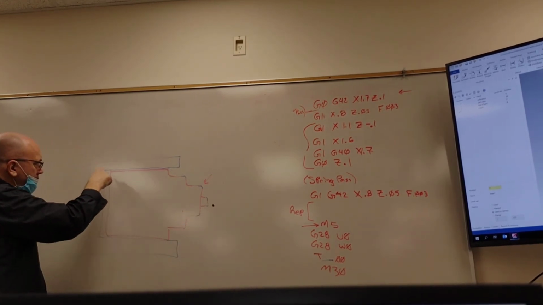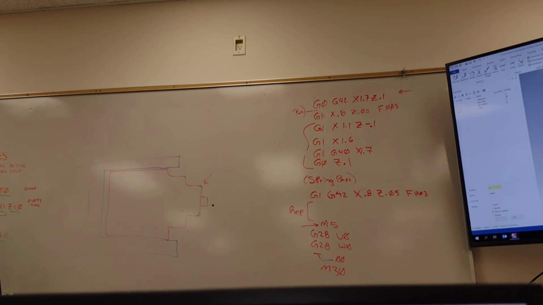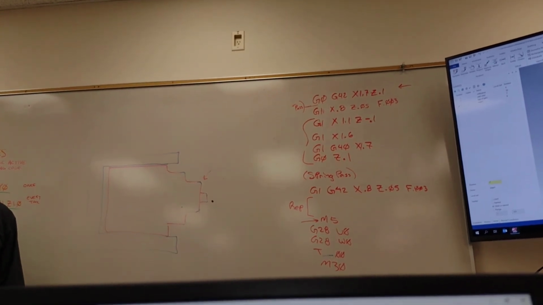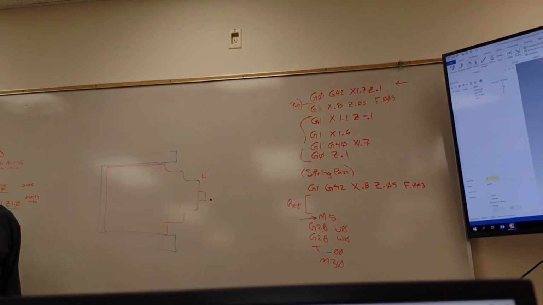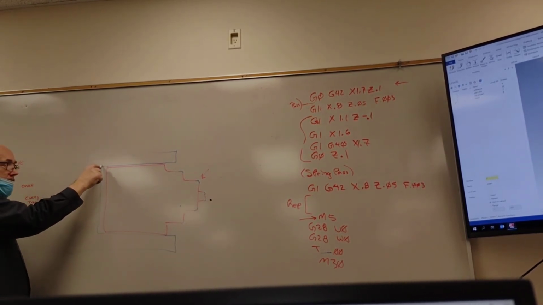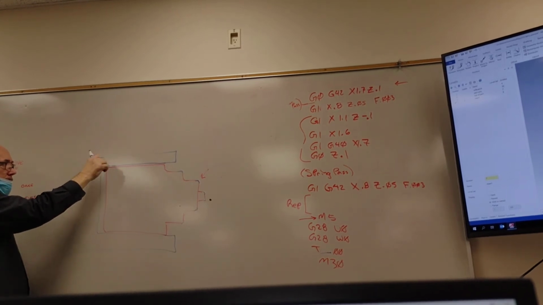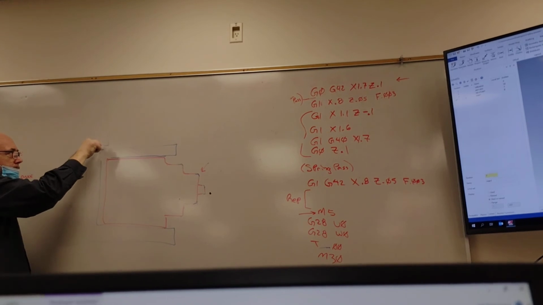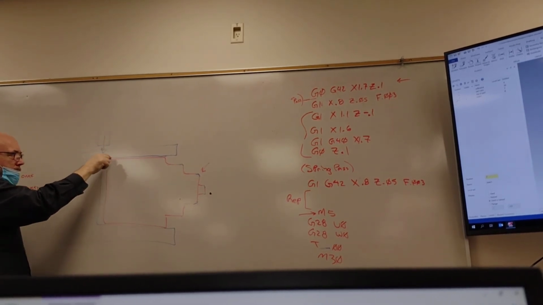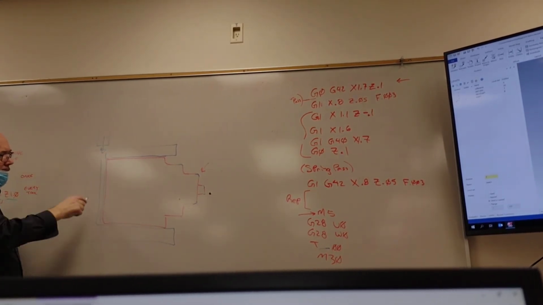when you actually part off your part, how would you do it? Deburr, okay. So if this was, where's the part at? We're going to take our tool here and part it off, cut right along that red line.